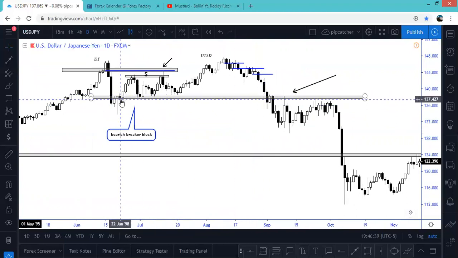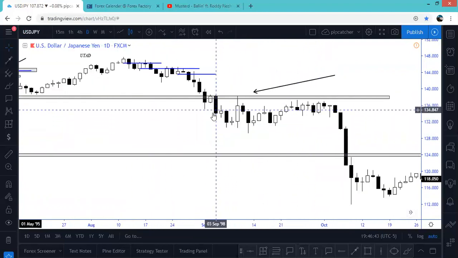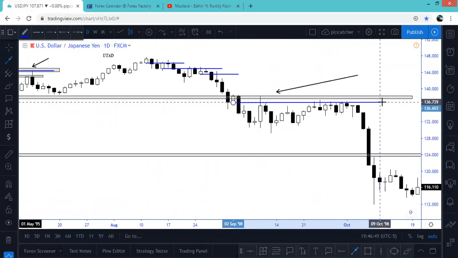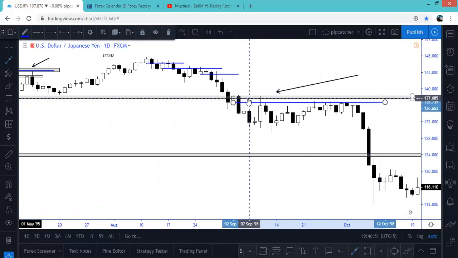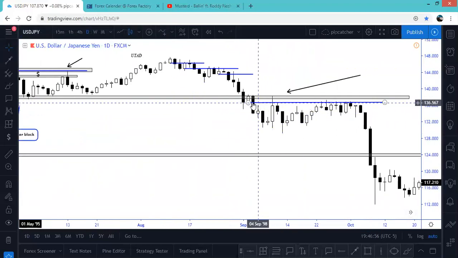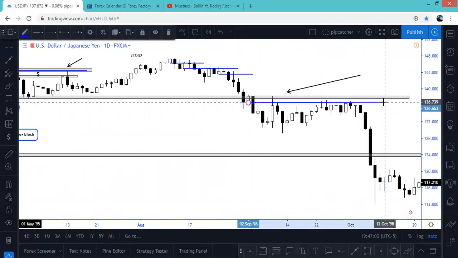And if you look at where this breaker block got formed, if you take a real close look, you can see right here in this area, there's actually an order block. So throughout this whole thing, we respected this daily order block right here in this area.